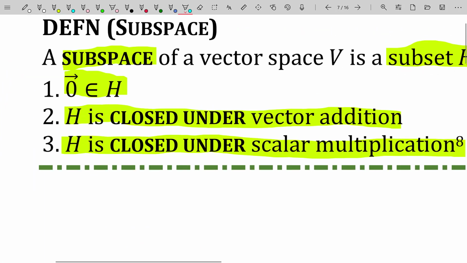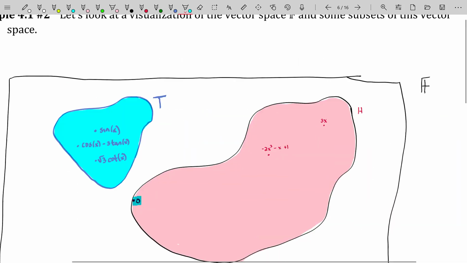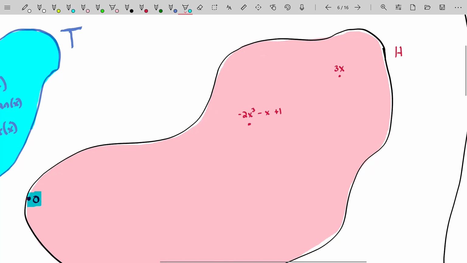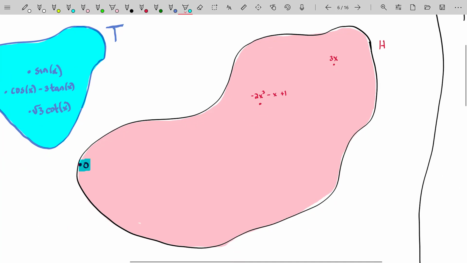H also has to be closed under vector addition, which is the same thing as saying it is closed under addition, and it has to be closed under scalar multiplication. Now, because H in our example is actually the set of polynomials of degree n or less, we know, because we proved it last video, that it's closed under addition and scalar multiplication. So it already has those two extra properties.